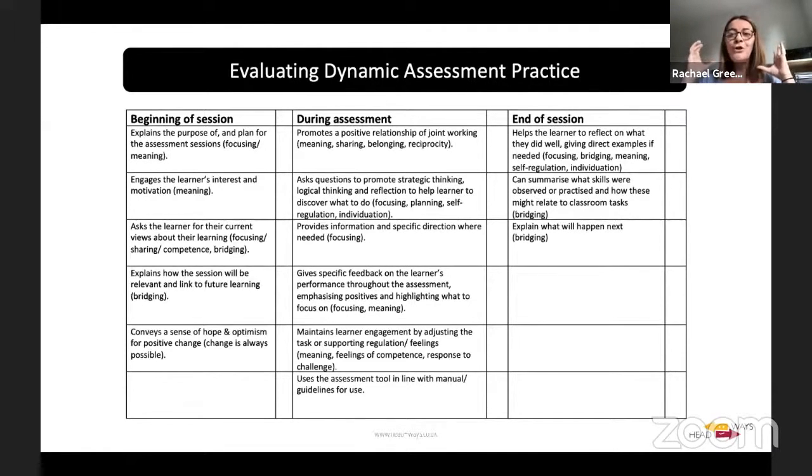So I would hugely encourage you, wherever possible, to try and video, and as excruciating as being videoed is, video your dynamic assessment sessions. This is a tool to really use in reflection and supervision, to think about how you're incorporating different aspects of mediation theory into your dynamic assessment work.